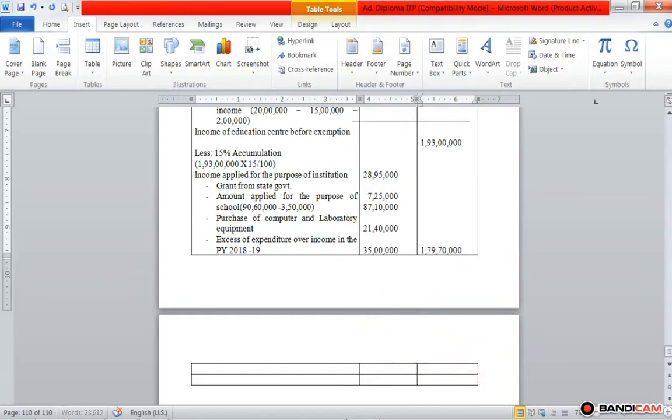Okay, here we get the total of application of income, that is 1 crore 79 lakh 70,000. So deduct this value from 1 crore 93 lakh, minus 1 crore 79 lakh 70,000.